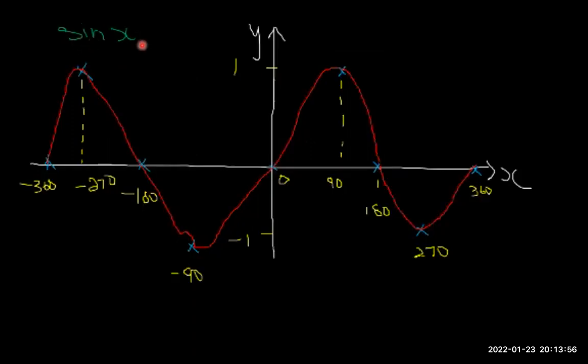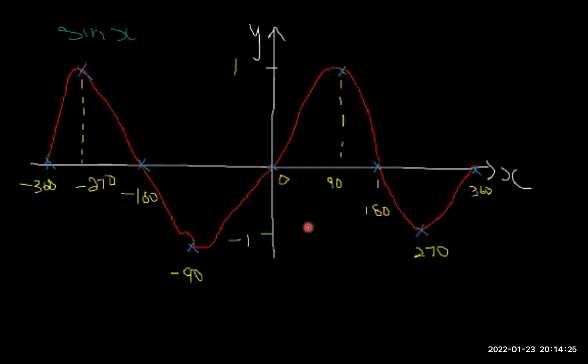this function, sine of x, any value of x, right? A million, a billion, 2 billion, negative 23,000. It does not matter what value of x this is. The value would never cross 1 or minus 1. The maximum value is 1, the highest this could go. And the lowest is minus 1. It will never go out of that boundary, right?